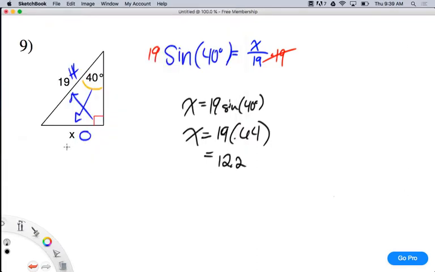There you go. Check your answer for reasonableness. Yep, sure could be 12.2. Any questions on that? Clear.